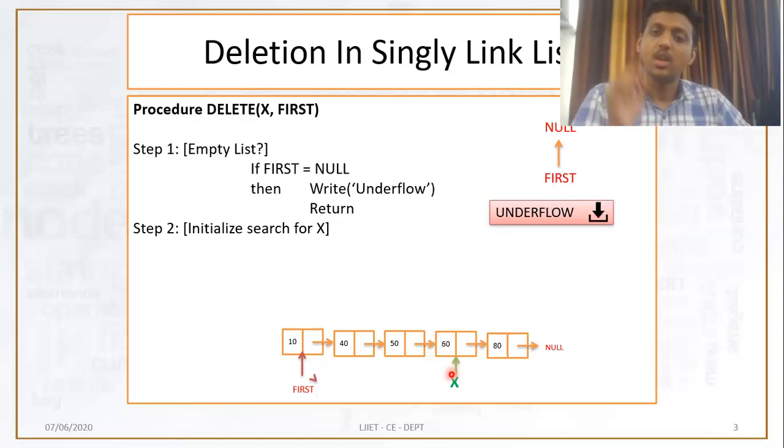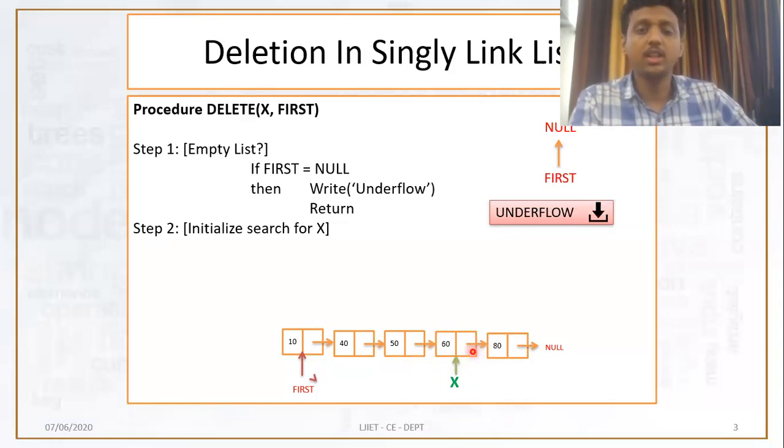So if anyone asks you which element you want to delete, 10, 40, 50, 60, wait. I'm not talking about the values, but we want to delete a node with an address, and the address of that node is x. So here I want to delete x, or a node which has address x.